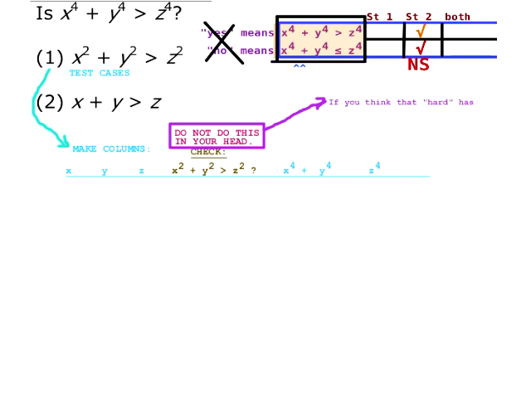If you think that hard has any correlation at all to long, you're doing too much stuff in your head, and you're not writing enough down. There. End of story. Done.